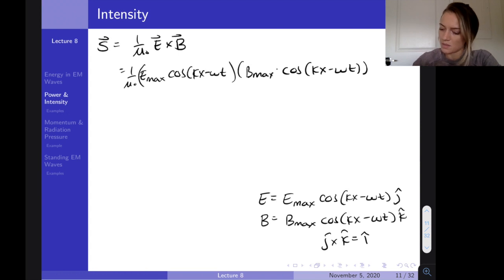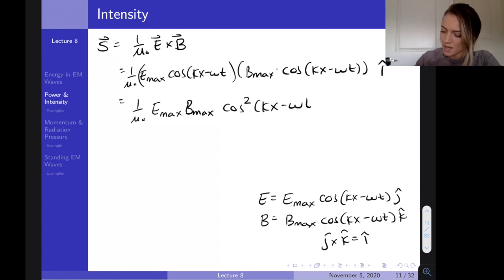And like we said, j hat cross k hat gives us i hat. So we know that the Poynting vector is in the i hat direction, which is in the same direction of travel for the wave. And then let's just multiply these out. So we have 1 over mu naught, we've got an E max, a B max, that's just the amplitude, and then we have a cosine squared, so cosine squared(kx minus omega t).